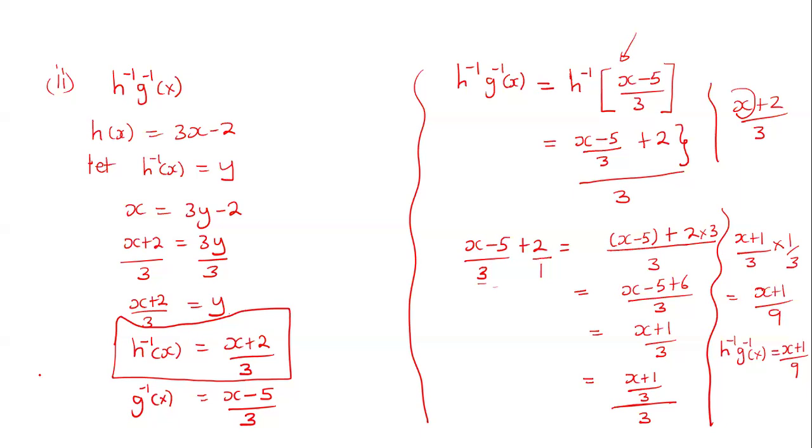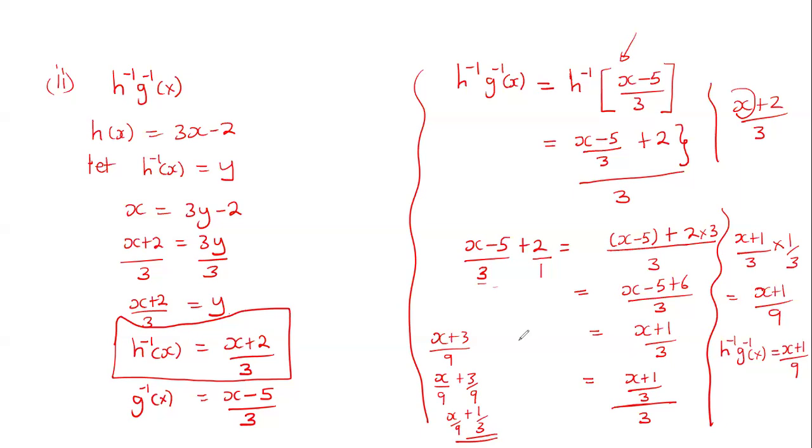If your answer was x plus 3 over 9, you can simplify it as x out of 9 plus 3 out of 9, which is x out of 9 plus 1 out of 3. I was thinking of writing it the same way you wrote this, x plus 1 over 9, but with over 3.